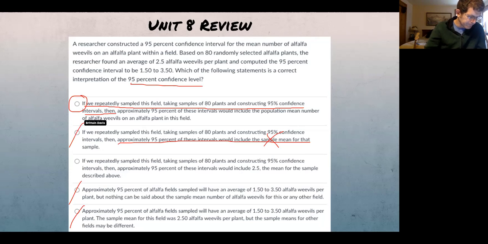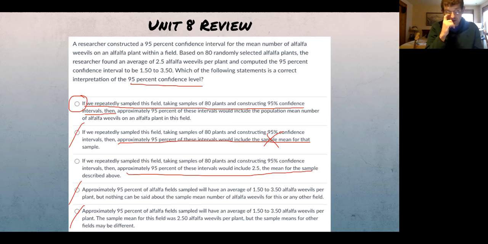So that's not right. Then 95% of these intervals would include 2.5. Well, no, that wouldn't happen either, because 2.5 is just a sample mean. We're looking for the population, and we would expect the population mean to be captured 95% of the time, not a specific sample mean. So there you go.